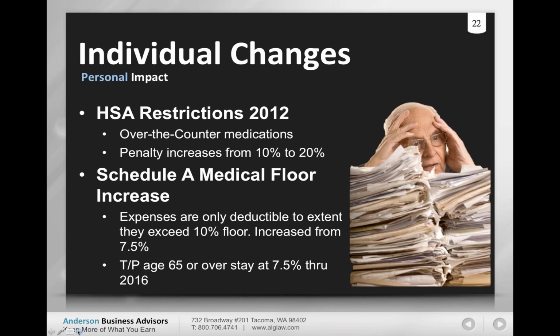And here's why: you receive what's called a haircut, meaning that with regard to the amount you spend on your medical plan, your hospital visits, your doctor bills, your dentist, your vision care, all of those things have a 7.5% limitation that has to be exceeded before you get $1 of those deductions. Now for 2013, next year, that goes up to 10%.